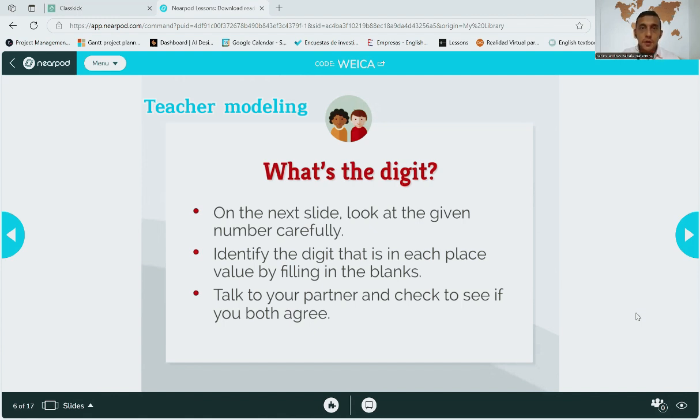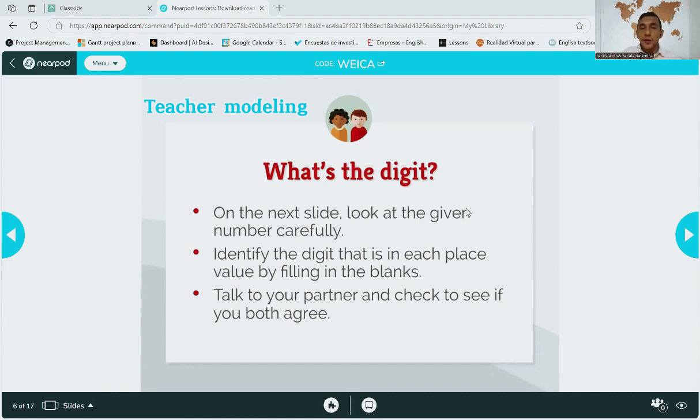Nice. So what's the digit here? You're going to identify the 3 things that I'm going to read right now. Also, you can read on your screen. On the next slide, look at the given number carefully. Identify the digit that is in each place value by filling in the blanks.